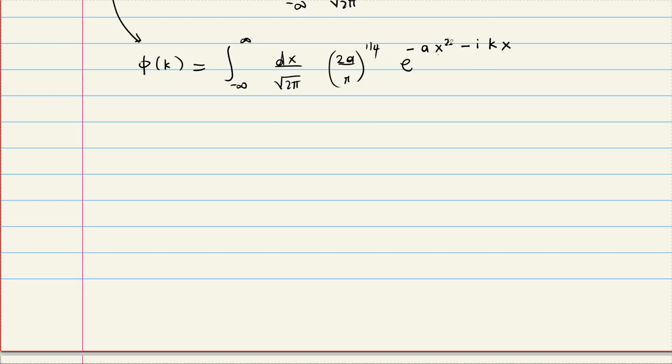Exactly like the Gaussian, we have to take this integral. And there's only one integral, and it's already taken. So we have to play with this to put that expression in the form we know. So let me do this. I'll play with this. e to the minus a x squared minus i k x is equal to, first I'll take a parenthesis. So let me just write this and push this guy and push this guy.